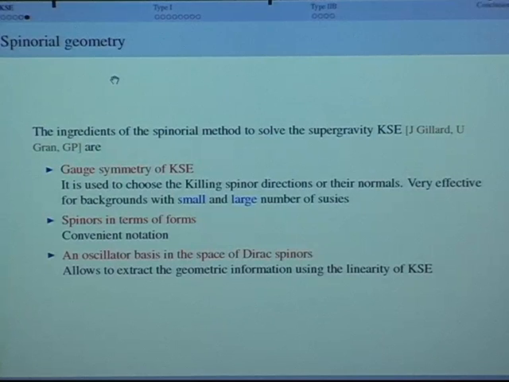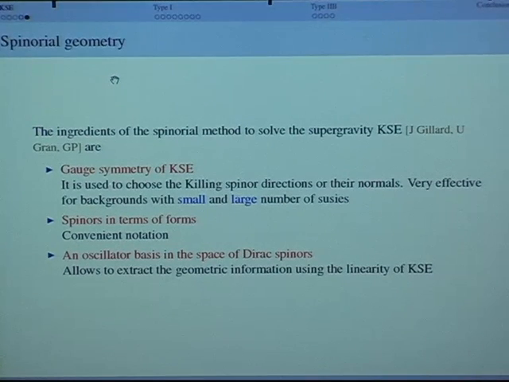Now, if one puts these ingredients together, one can make a very effective method to attack this problem, i.e. to try to solve the Killing spinor equations in general. The idea, first of all, is to use the gauge symmetry to orient your Killing spinors along particular directions. And in fact, if you have too many Killing spinors, then probably it's better to orient their normals. It's much more convenient.